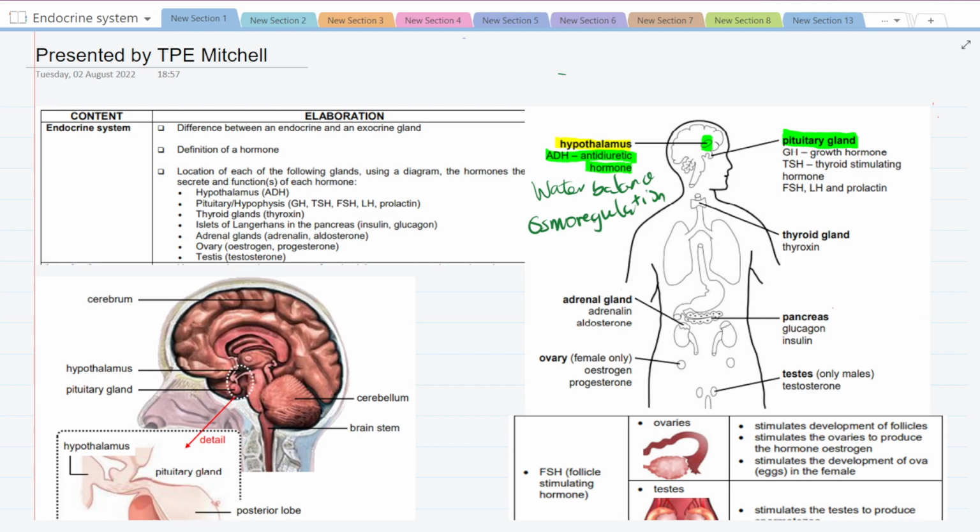And this gland normally secretes many hormones that play a role in many parts of your body, the first one being the growth hormone, the second one being the TSH, your thyroid stimulating hormone, and the others are the ones that you may have learned about: the FSH, follicle stimulating hormone, as well as the luteinizing hormone.